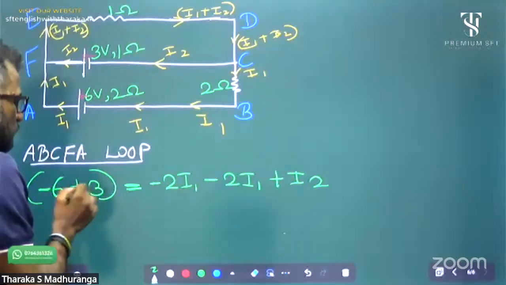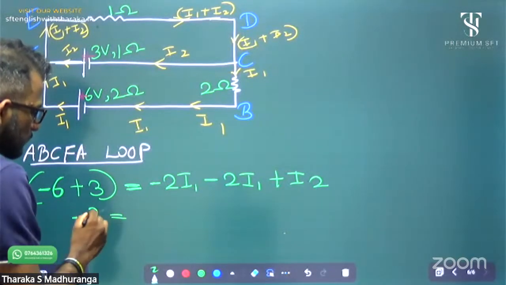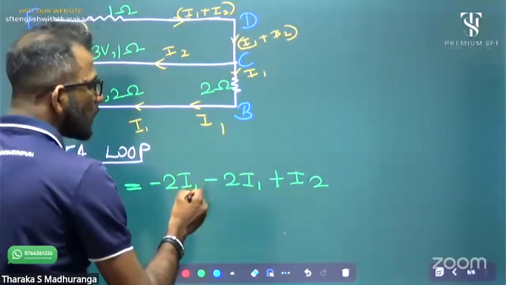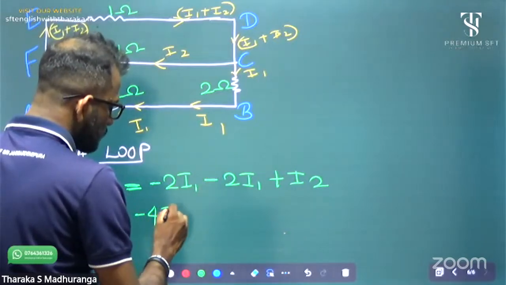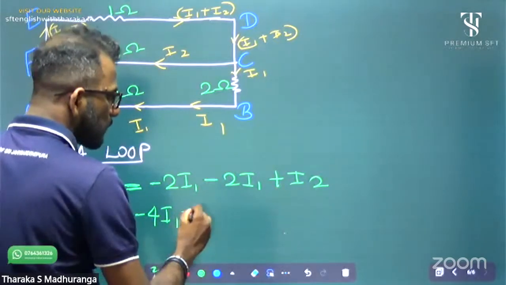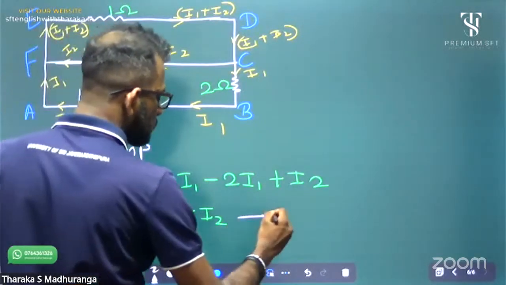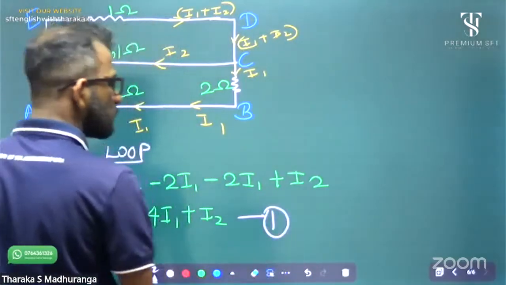Minus 6 plus 3 is minus 3. So minus 3 equals minus 4I1 plus I2. This is my first equation.